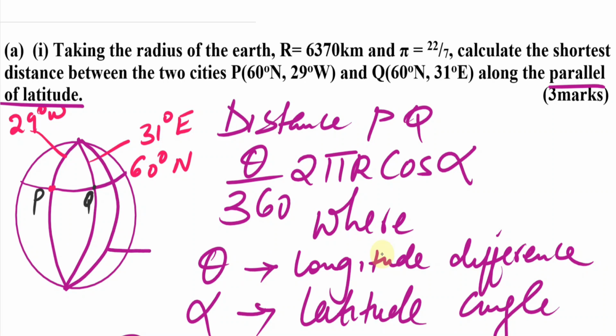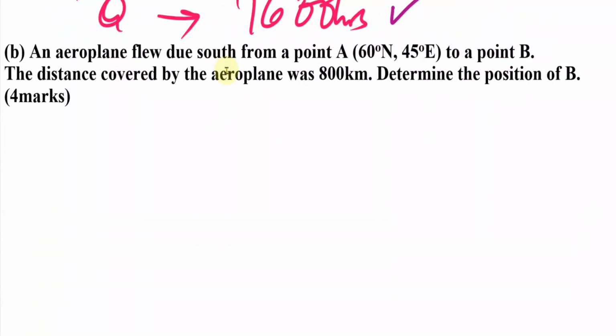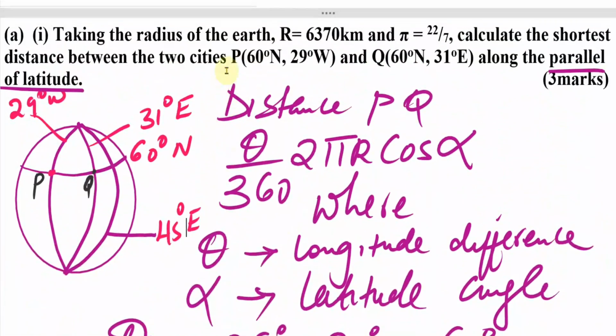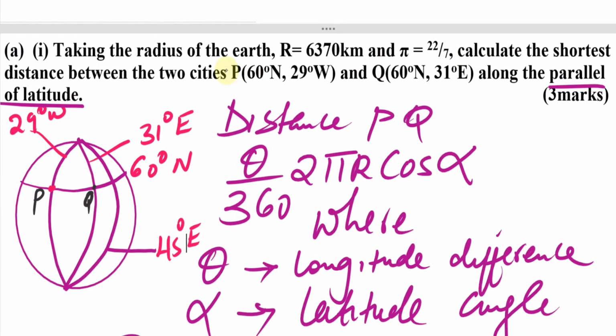So A is located 45 degrees east, 60 degrees north. So it is somewhere here. That is where A is.